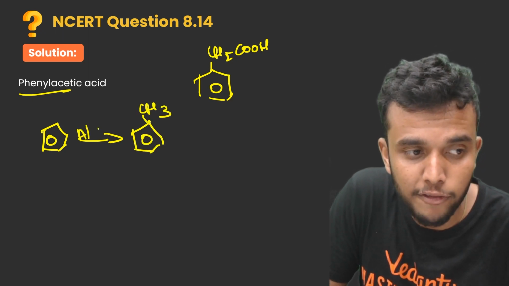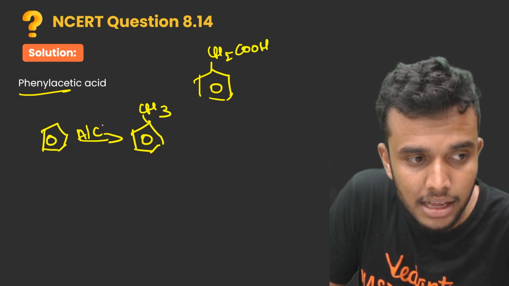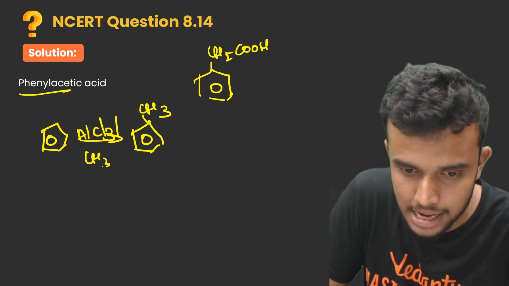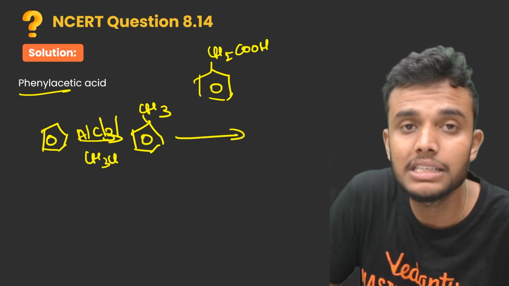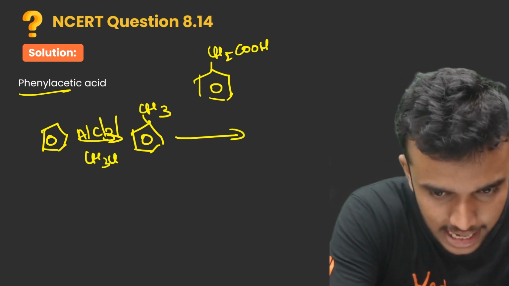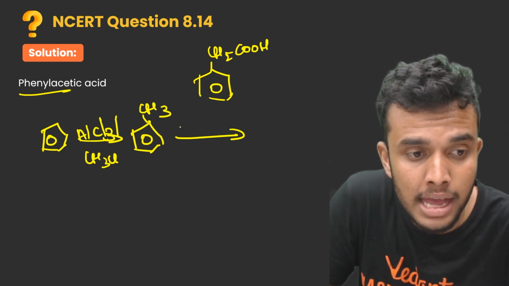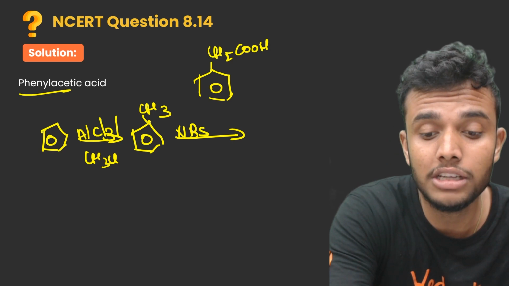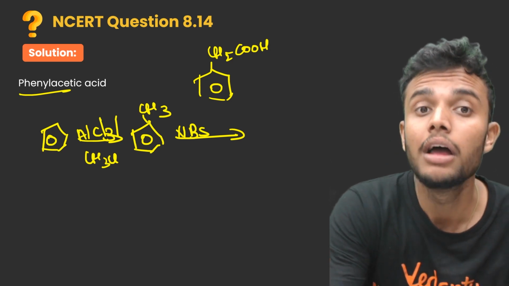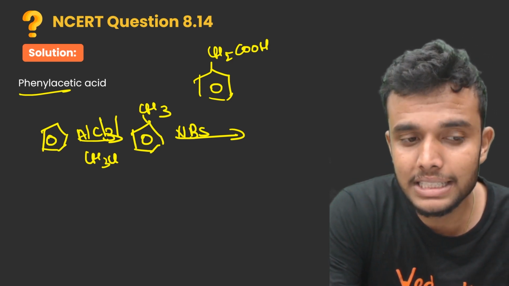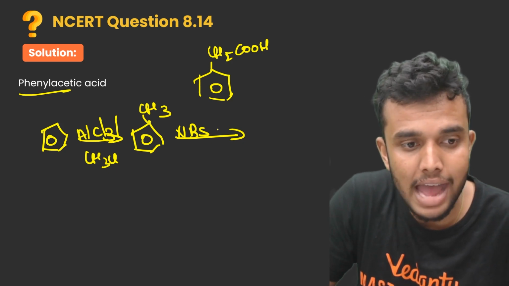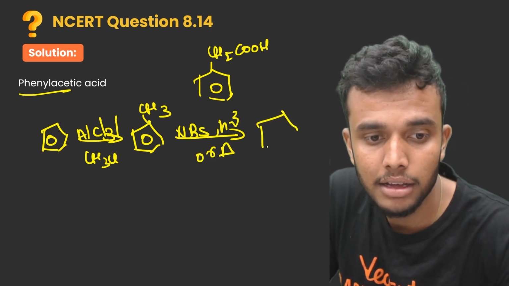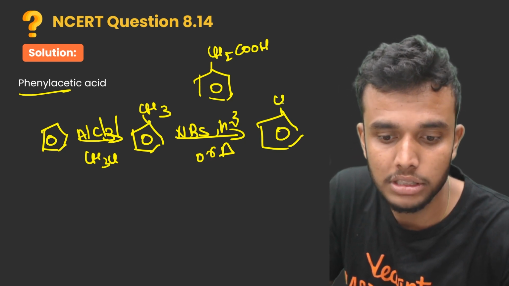It's reacted with AlCl3, aluminum chloride, and CH3Cl. Next step, bromination reaction in the presence of NBS. NBS is a reagent, the full form of NBS is N-bromosuccinimide, in the presence of hν or heat. It yields the bromo compound, CH2Br.